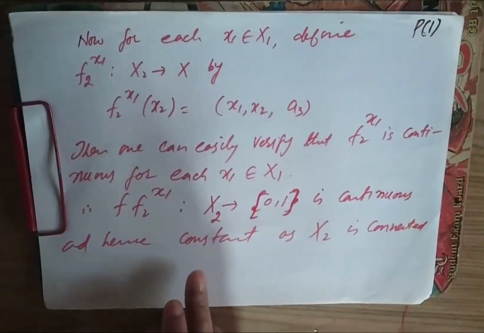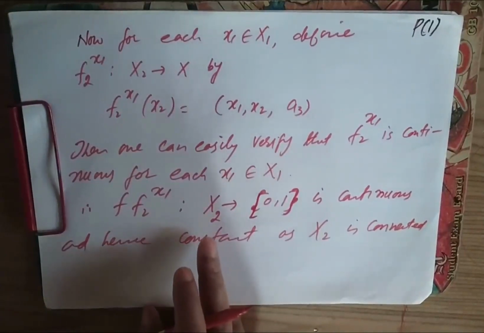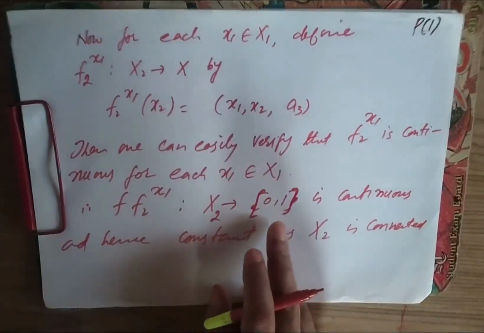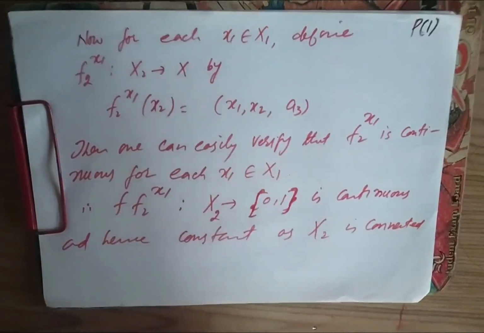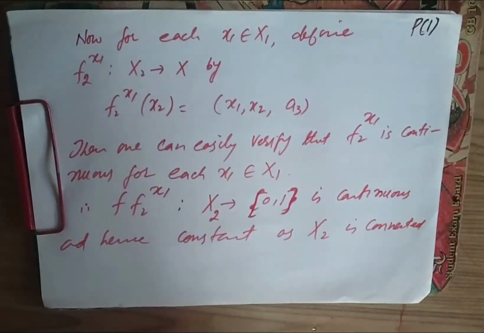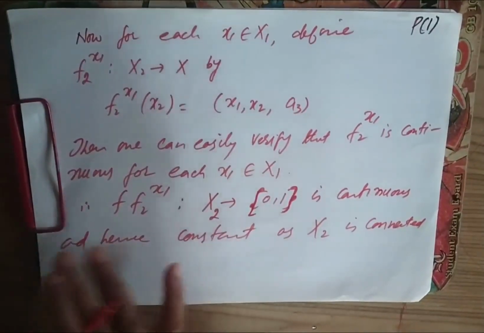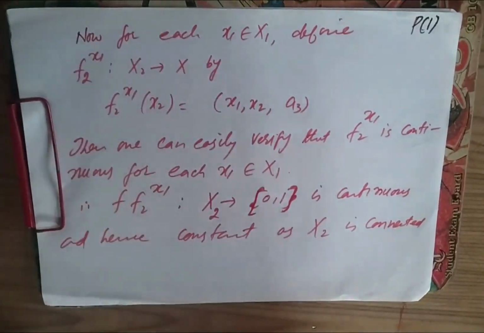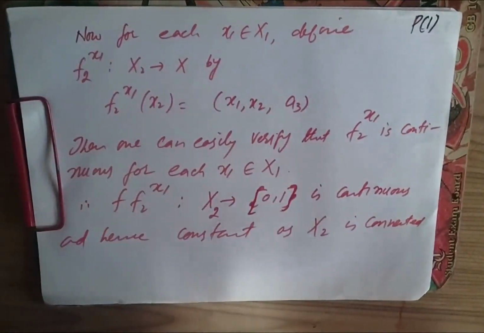For if it's not constant, then it will be a continuous map from X2 onto this space {0,1}. Then that will give X2 will be disconnected, as we have already proved in the previous lectures for the characterization for the space to be disconnected.